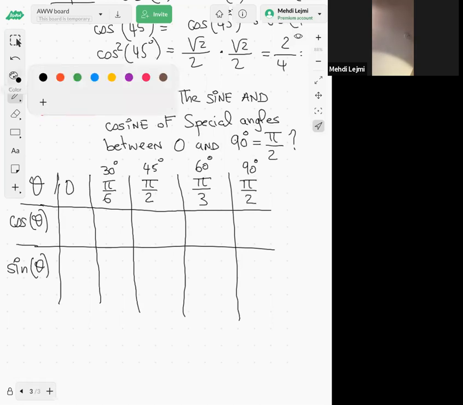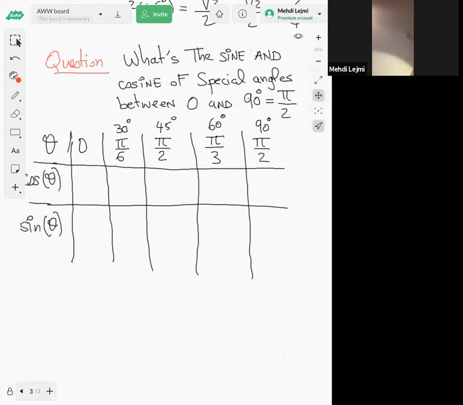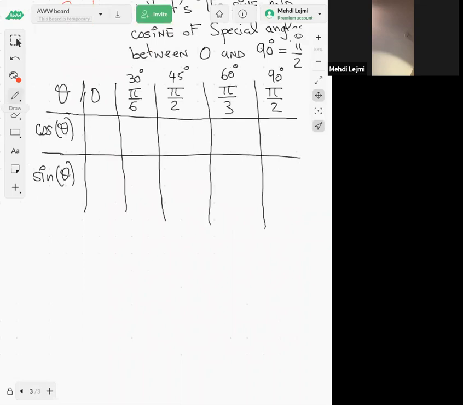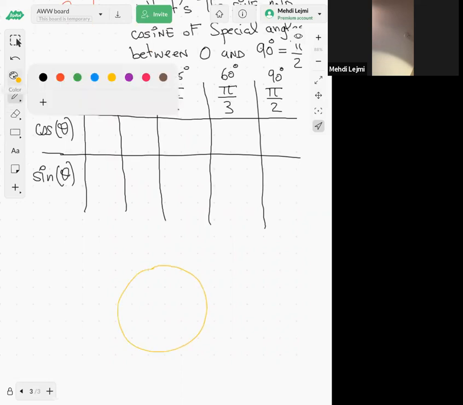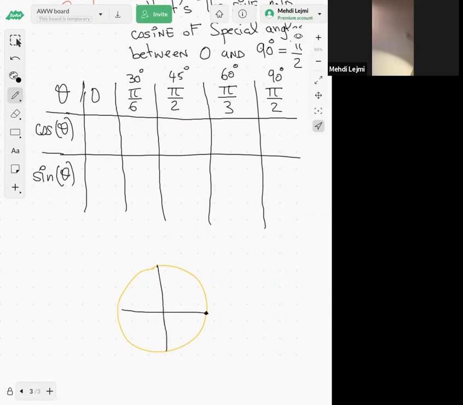So then, cosine of the angle 0. What would be cosine of the angle 0, for example? Again, we have this unit circle. This is supposed to be my x-axis, and this is supposed to be my y-axis.